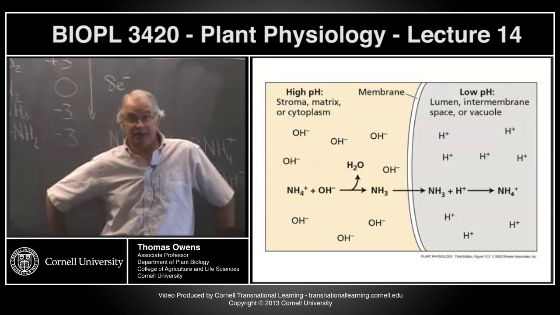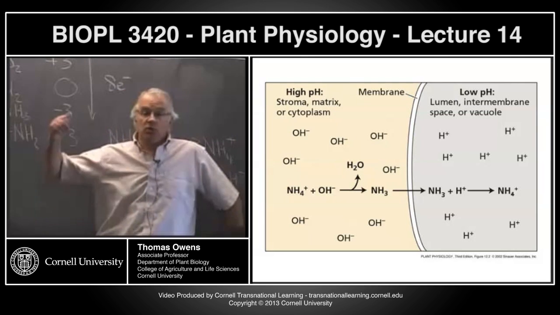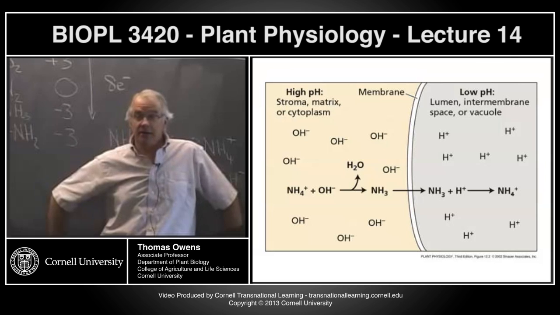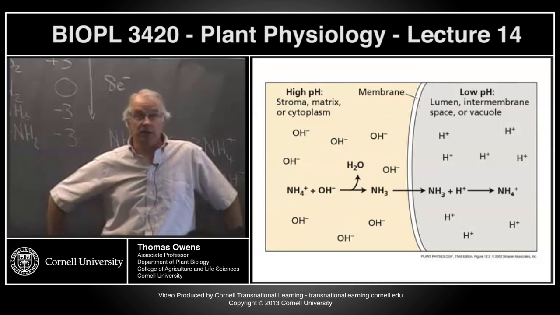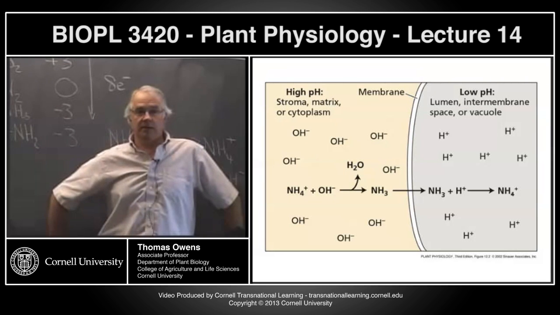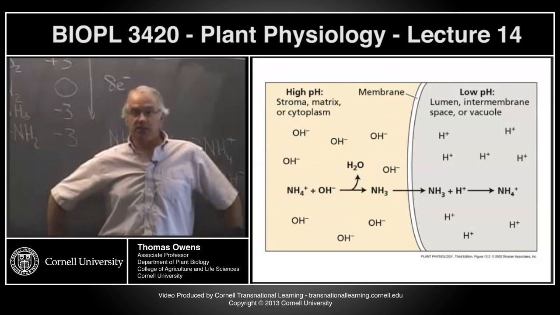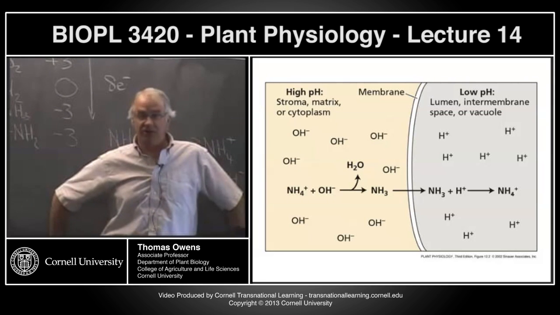There's a lot more inside the cell than you'd expect if it was at equilibrium. 10 to 100 times more nitrate inside the cell than what you'd expect based on the membrane potential across the plasma membrane. So if there's more inside the cell than you expect at equilibrium, what's happening? Active transport. The cells are expending energy to get nitrate into the cell.